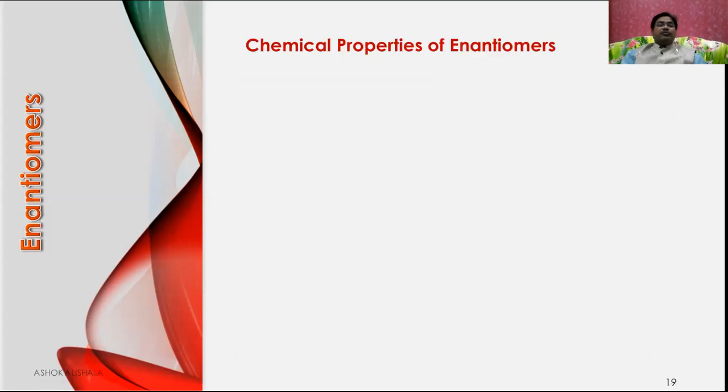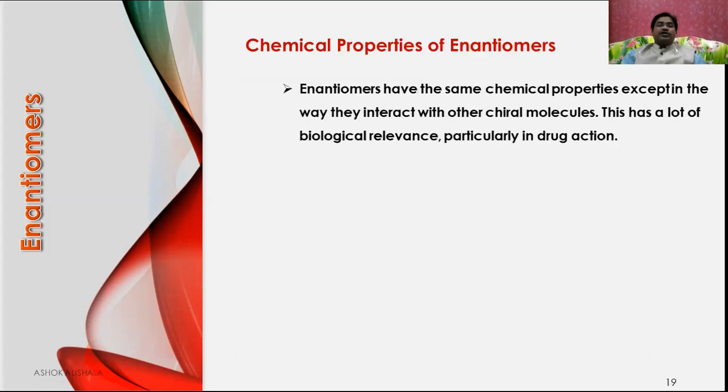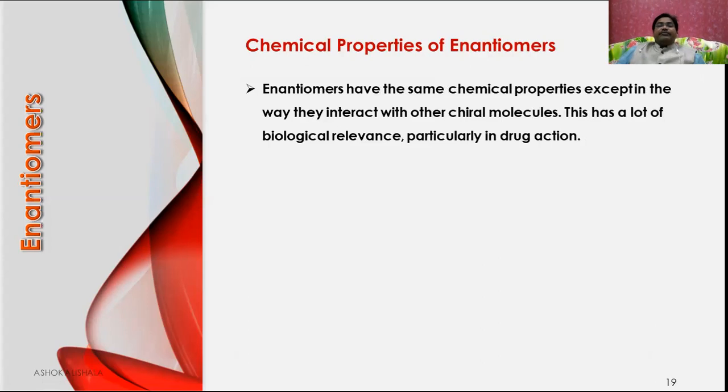Then what are the chemical properties of enantiomers? Enantiomers have the same chemical properties except in the way they interact with other chiral molecules. This has a lot of biological relevance, particularly in drug action.